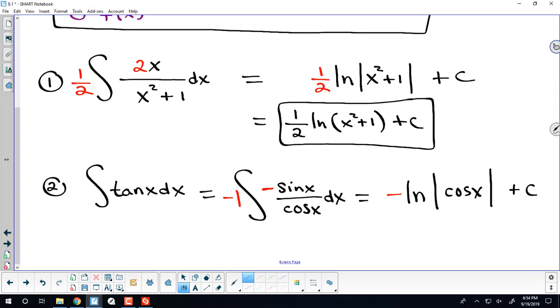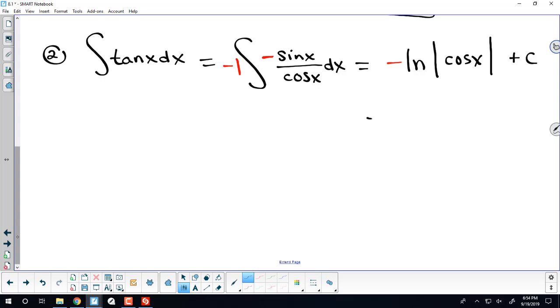So I guess that form is fine. Often you see this written as, so we'll say or, just the natural log of the absolute value of secant. So either one is the antiderivative of tangent.